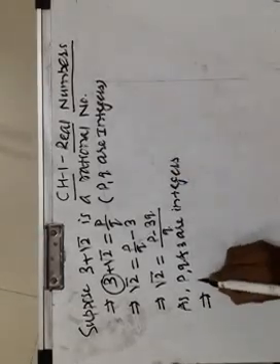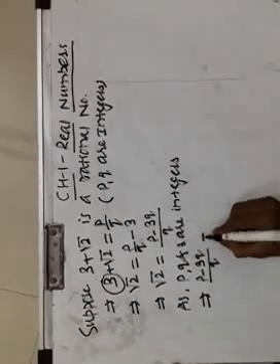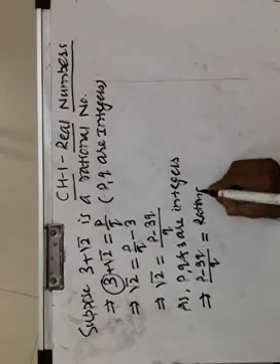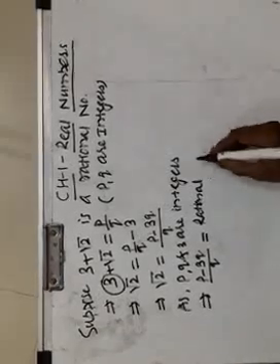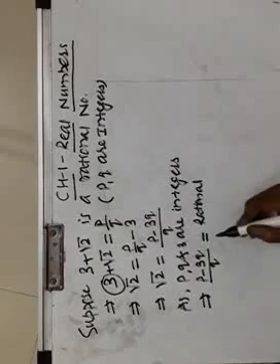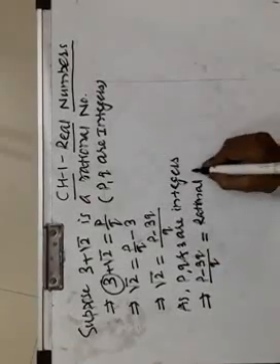This implies p minus 3q by q is a rational number, because if we put any integer values for p and q, we get a rational number.